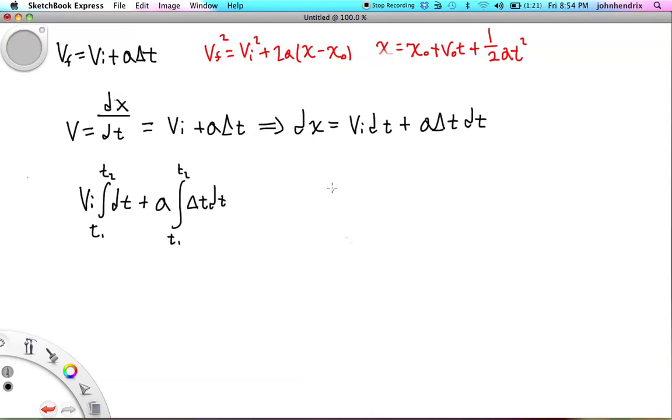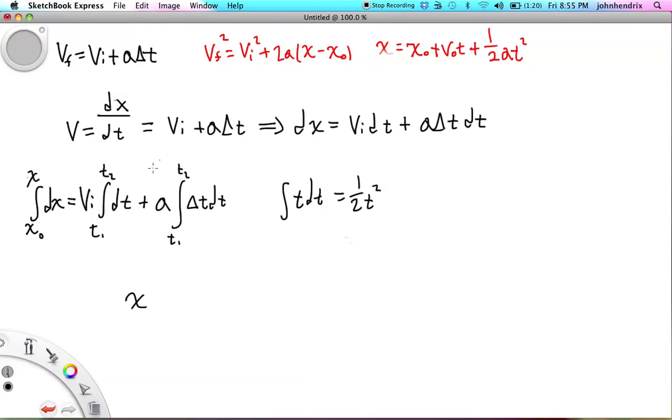And you remember going back to calculus, the integral of t dt is 1/2 t squared. An equation is not an equation unless it is equal to something. So on the left side here we have the integral of dx from x naught to x.